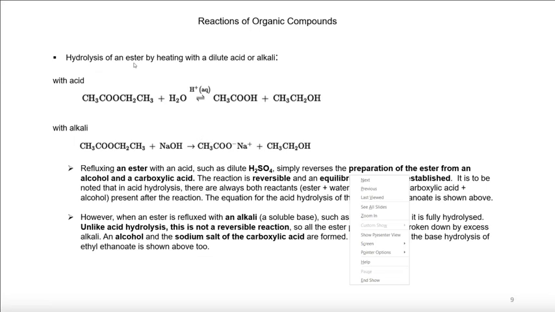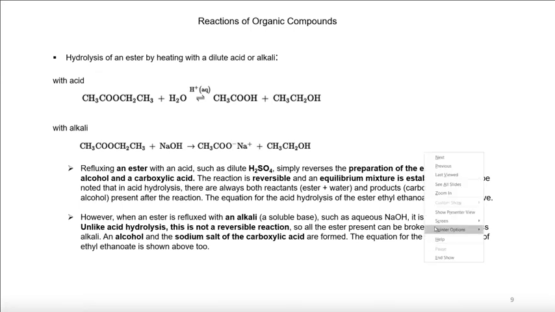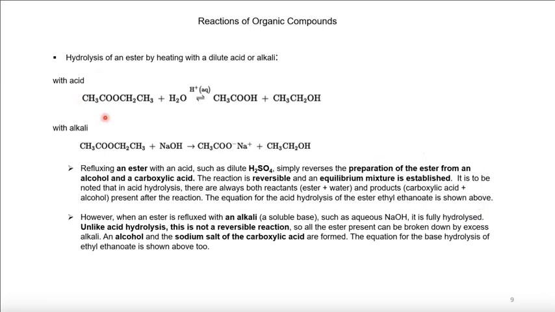By hydrolysis of an ester, we can also get alcohols. So now we are talking about hydrolyzing an ester to get acetic acid.